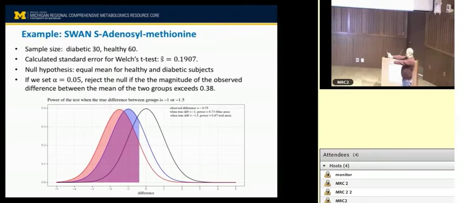As the mean differences between the two groups start coming closer together, power starts going down. And at some point, given the sample size that you have, there are not significant shifts to be able to adequately detect the change.